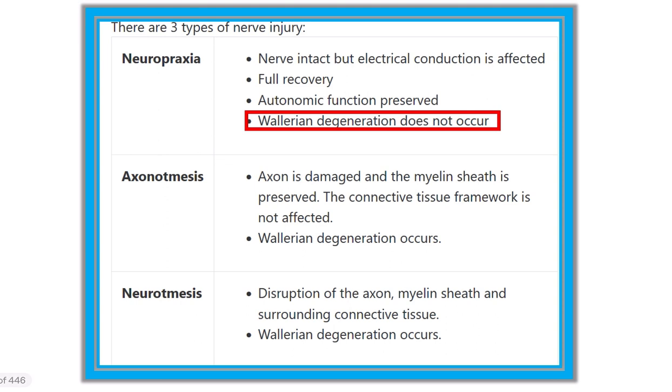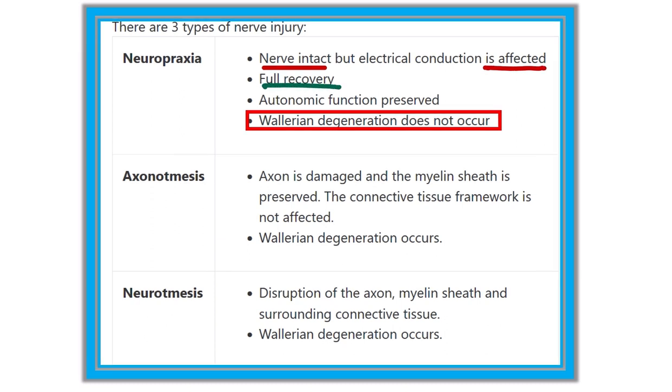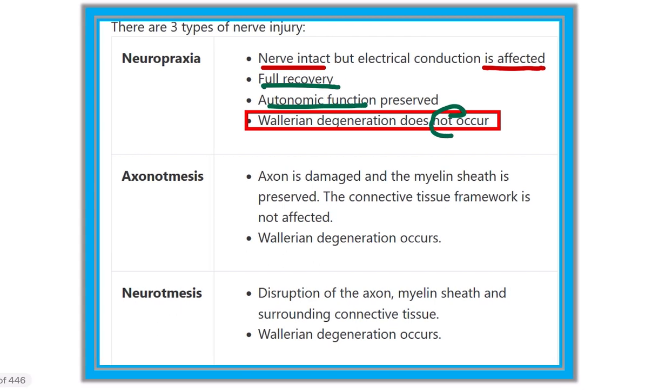Here again see neuropraxia, which is the simplest form of nerve injury. The nerve is intact and electrical conduction is affected for some time, but full recovery is possible, and autonomic function is usually preserved. Wallerian degeneration usually does not occur in neuropraxia because the axon is intact.